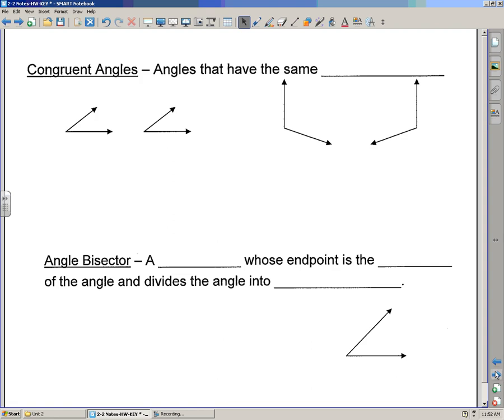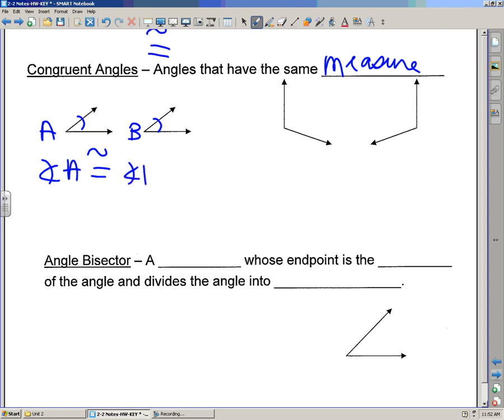Congruent angles, angles that have the same measure. In this case, if we know this is angle A and this is angle B, sometimes what the books will do is show you some markings within the angles. They might show you like an arc and an arc. And that's enough to tell you that angle A is congruent, remember the symbol for congruent, equal, squiggly, to angle B. Oftentimes those textbooks tend to not just do an arc, but they do like an arc and a slash.